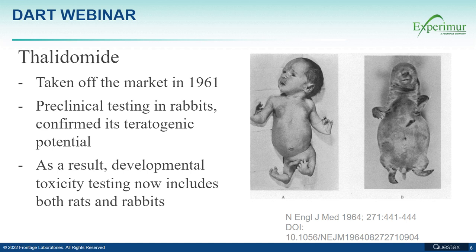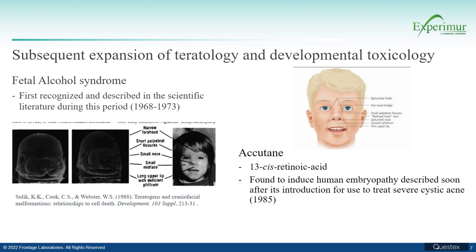Another note was that toxicity testing needed to be done in one other species aside from rodents, and rabbits were chosen. Now, the thalidomide incident and everything that came out of it led to a subsequent expansion of teratology and developmental toxicity. In this period, fetal alcohol syndrome, which had been around for a while and relatively well characterized, was first recognized and described during this period following the thalidomide incident.